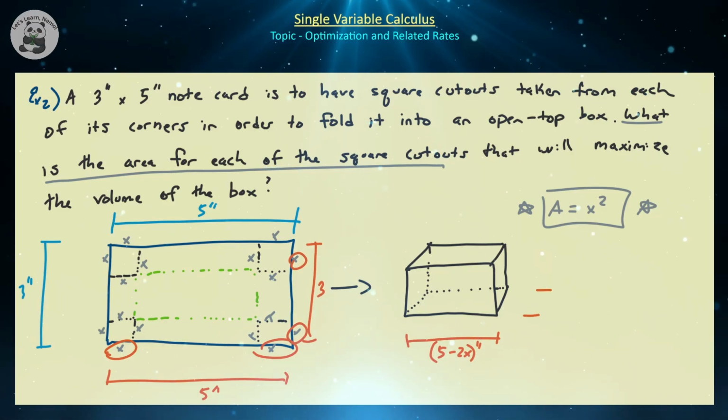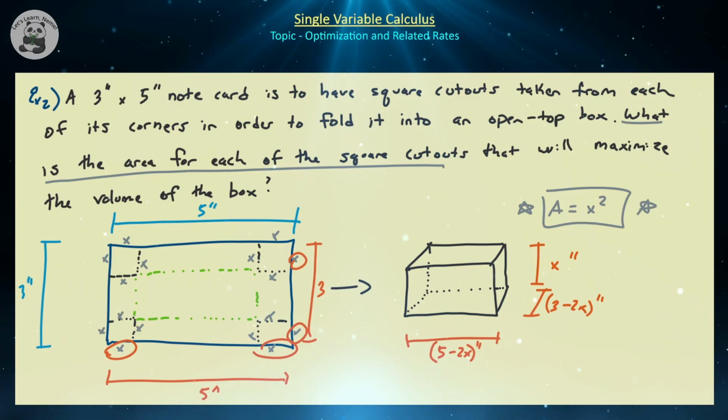So that means this distance here is going to be 3 minus 2x inches. And the height of this box is going to be x inches, right? So obviously we need to figure out what x is, and obviously we want this volume to be as large as possible. So that's pretty much the outline of what we're going to do.